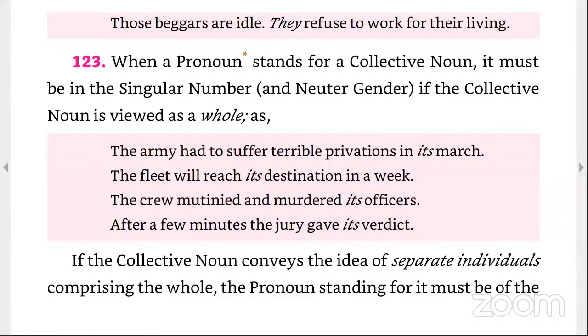What is the meaning of the word privation? Privation means poverty. For example, if you know the Indian National Army created by Subhash Chandra Bose, he created it from war prisoners with their help. When they started to march towards India, they had many success stories.